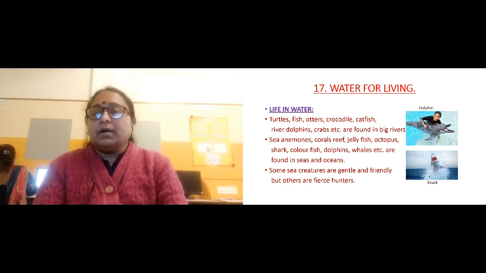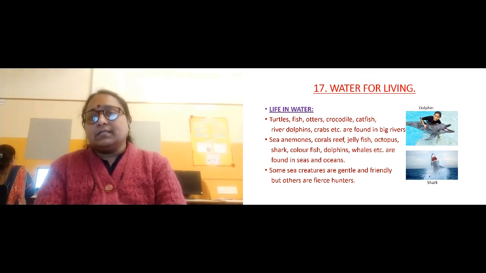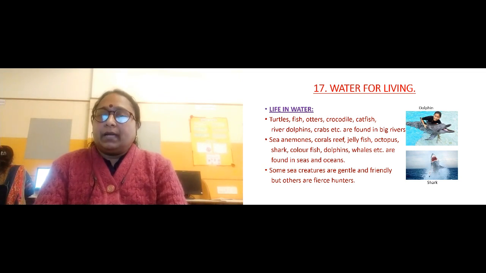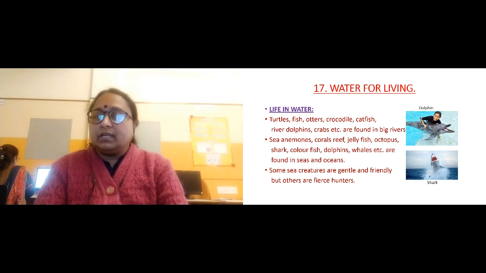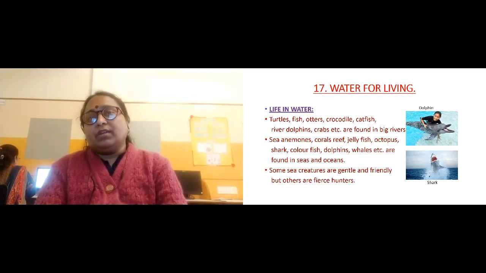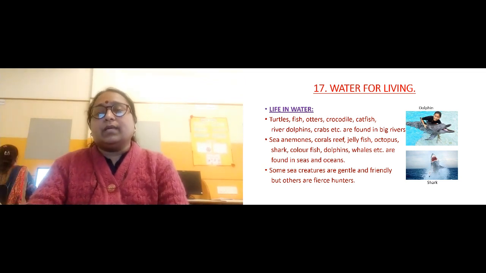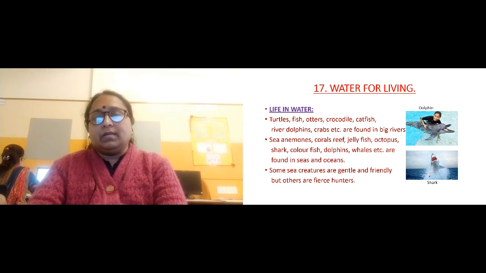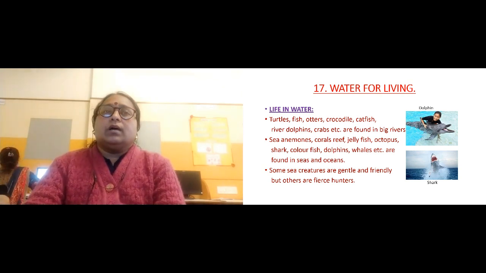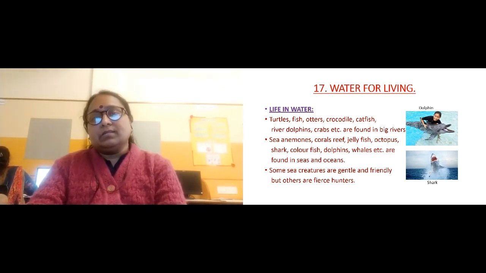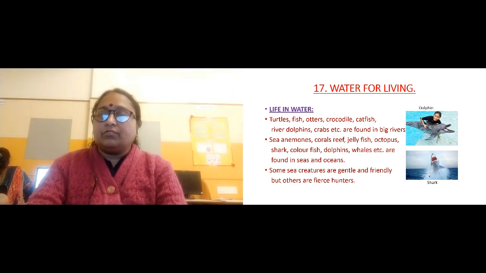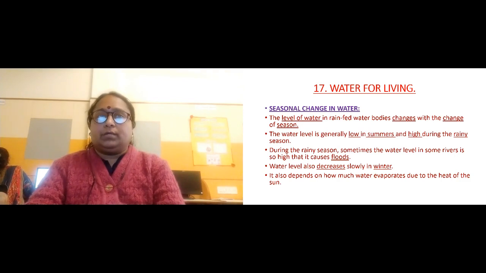Some are fierce hunters, like sharks. They come and bite you, and maybe they even kill you. But some are very friendly, like dolphins. You have seen in so many places where dolphins play with human beings. So these are some of the aquatic animals you find in water. Some live in fresh water, some live in sea water, the salty water.